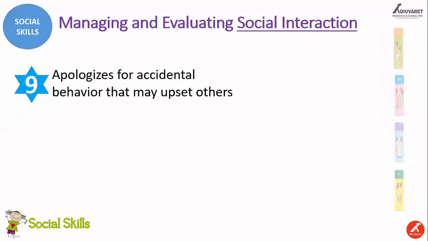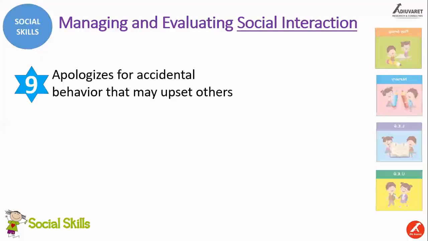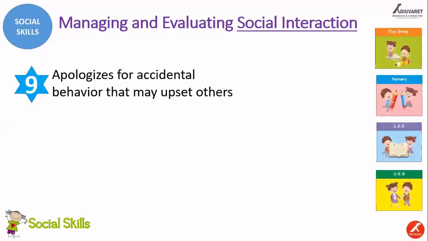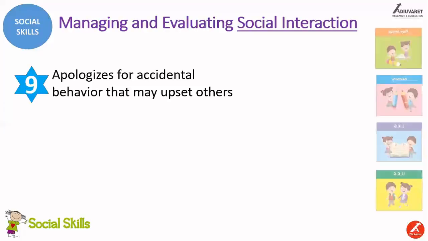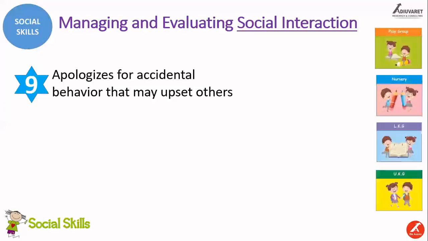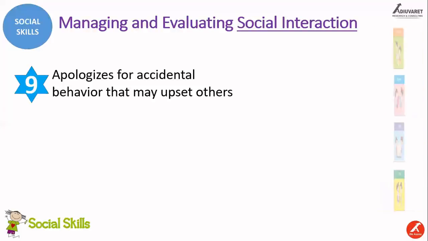If children are highly excited, they may create accidental behavior, or they may push somebody, or run fast so that others may get hurt. If such a thing happens, then the child must apologize without being asked by somebody else to do so.